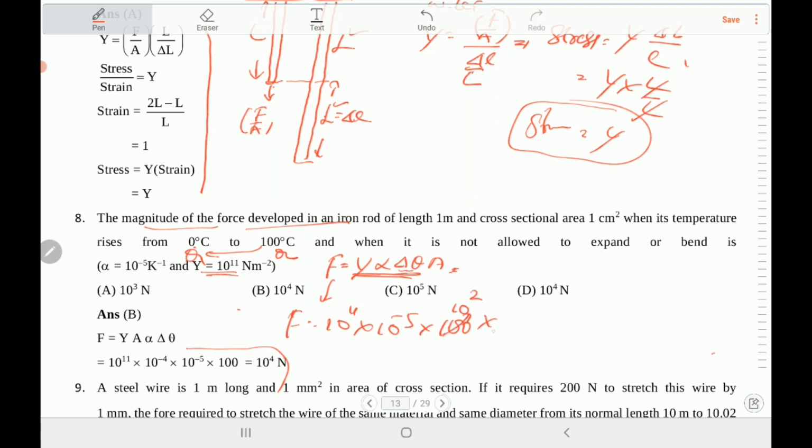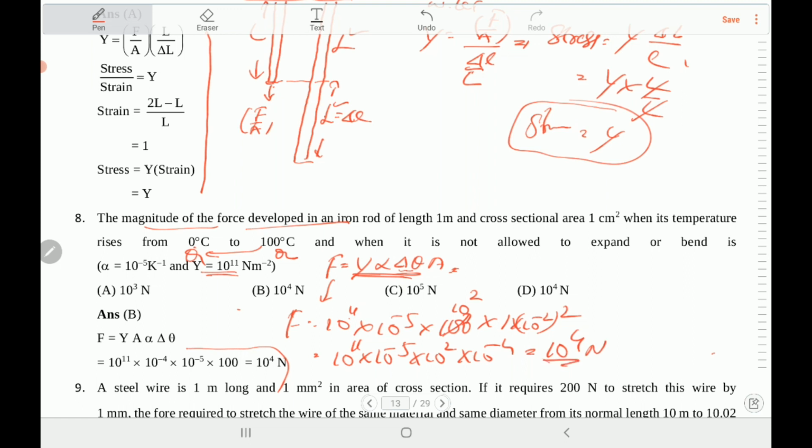What is area? 1 centimeter square. 1 into 10 to the power minus 2 whole square. Now you simplify. 10 power 11 into 10 to the power minus 5 into 10 to the power plus 2 into 10 to the power minus 4. So finally the answer is 10 to the power 4 Newton.